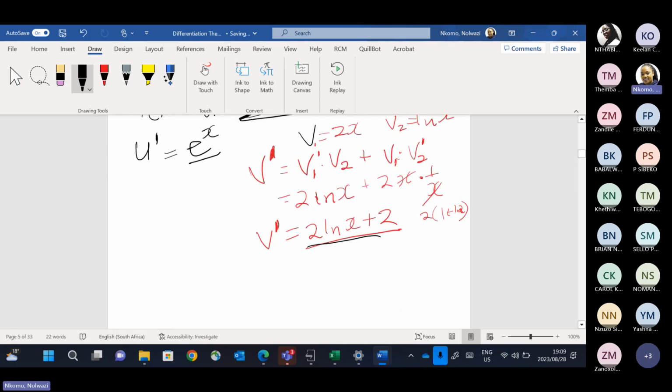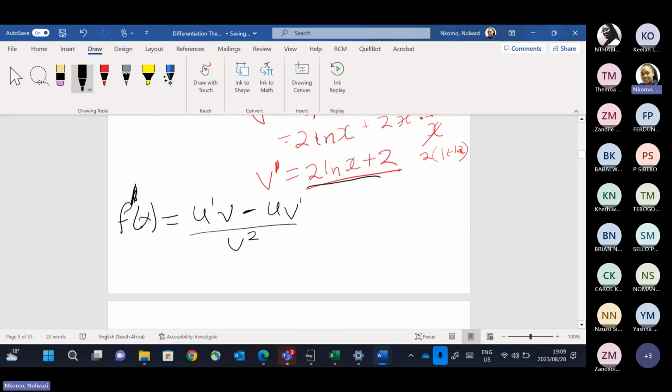This means f prime at x equals u prime v minus u v prime over v squared, right?